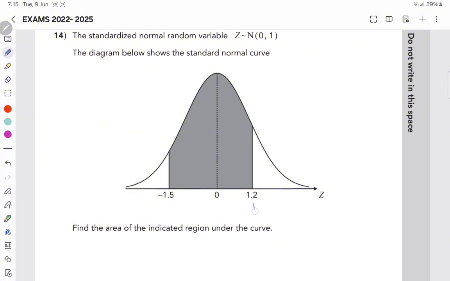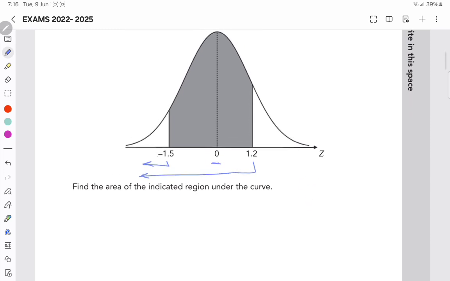And as you know, to evaluate the area between two values, we do area below 1.2 minus area below negative 1.5. So we will write that it's equal to the probability of z below 1.2 minus the probability of z below negative 1.5.